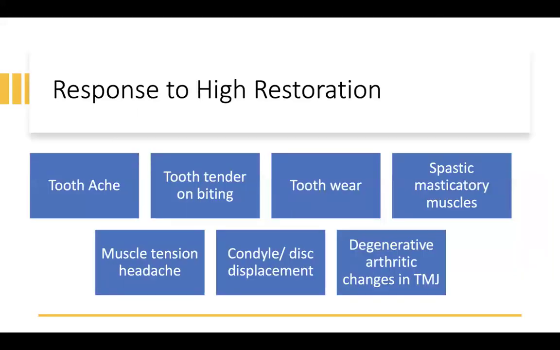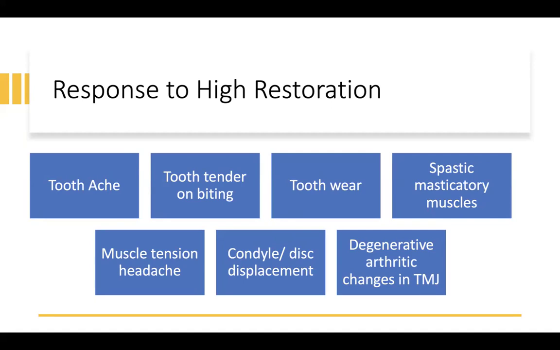And then, of course, just to highlight the problems to do with high restorations. These are some of the problems. We have to make sure that we do not have high restorations.